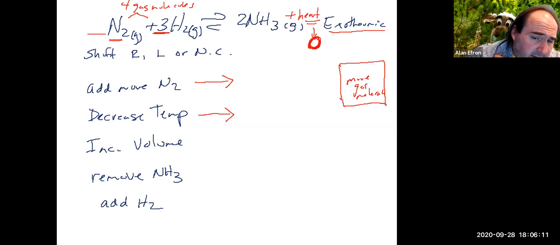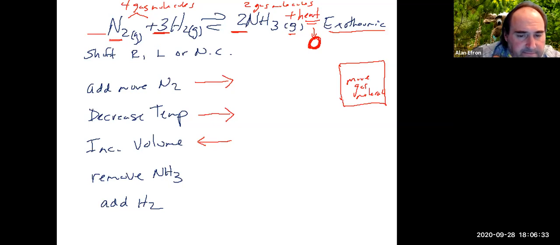On the right-hand side, also a gas, and we only have a 2, which means we have 2 gas molecules. That means in this particular reaction, the more gas molecules is actually to the left-hand side of the arrow, so it will shift to the left-hand side in this particular case. Any questions on that so far?